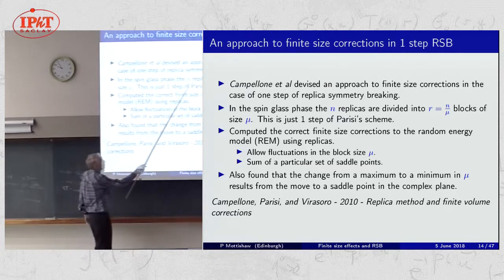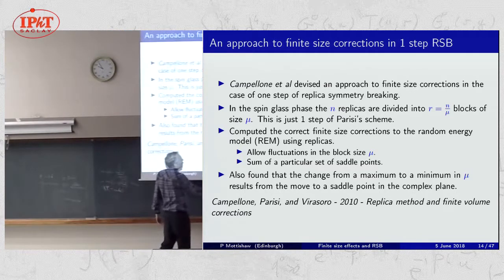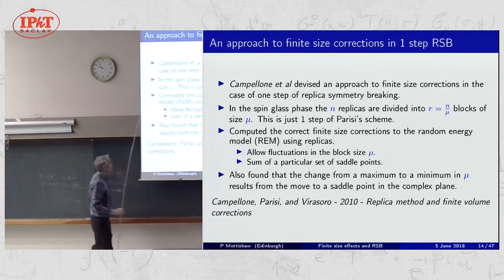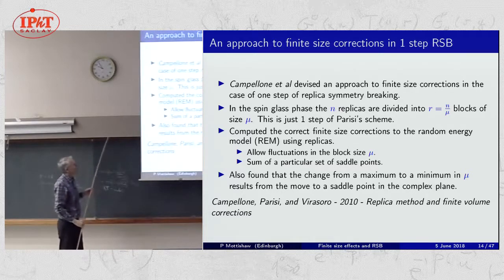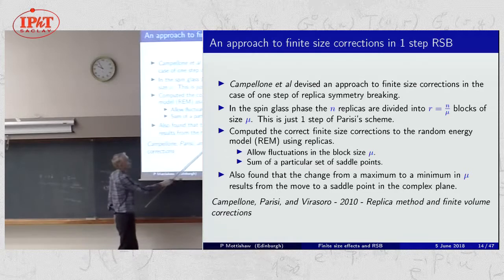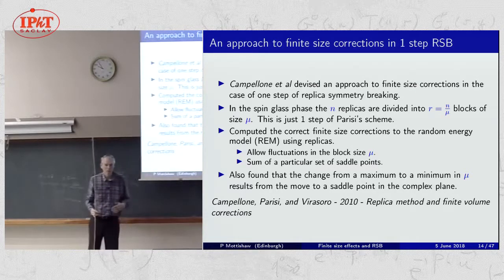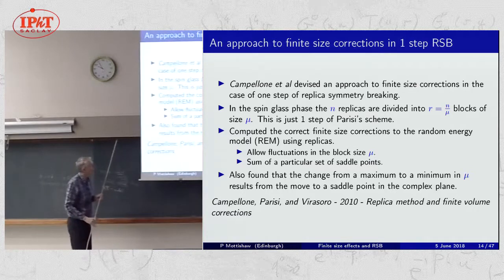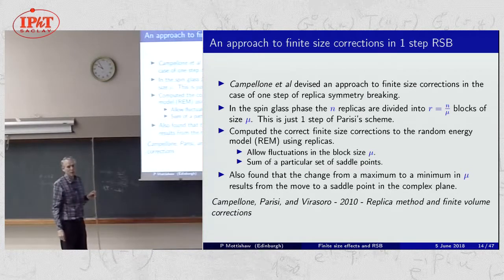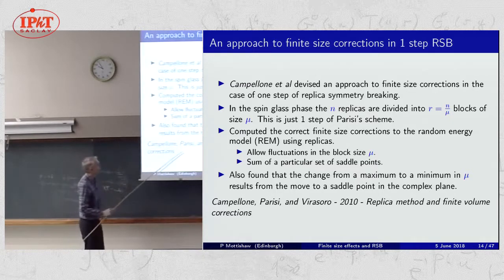So you take your n replicas, split them into blocks of size mu, and they guessed that by looking at fluctuations in that block size mu, you would be able to estimate the finite size corrections. The nice thing is that, because it's a random energy model, there are other methods you can use to find those finite size corrections exactly, so you know whether you're getting the right result or not.